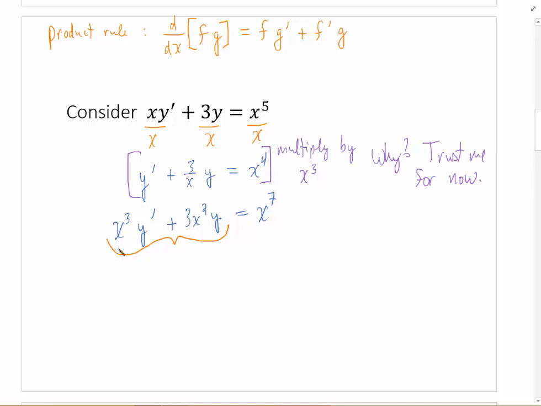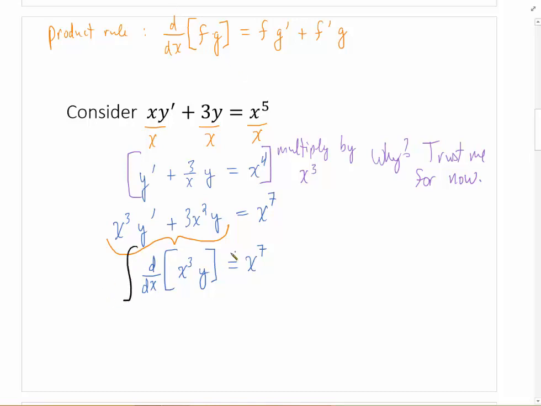So now notice x cubed y prime. Notice that the derivative of x cubed is 3x squared, and the derivative of y is y prime. So isn't this left-hand side the derivative with respect to x of x cubed times y? And that's equal to x to the 7th. So the derivative of this product is x to the 7th. Well, now I apply the integral.